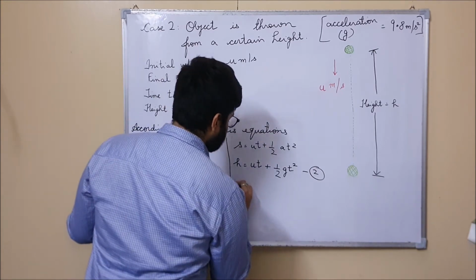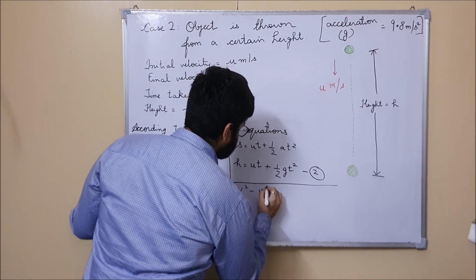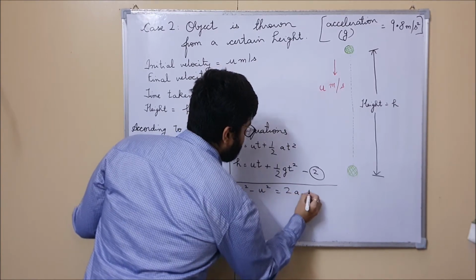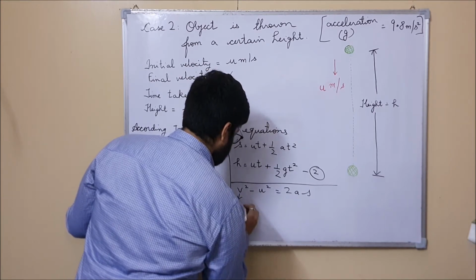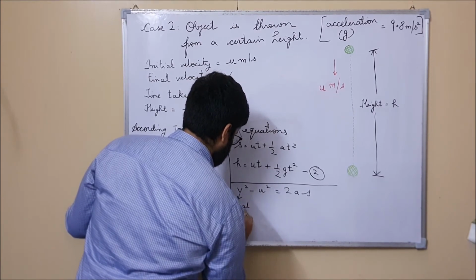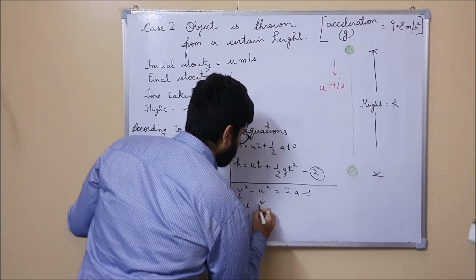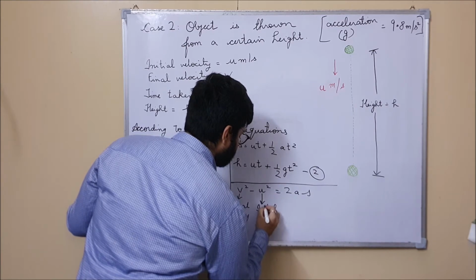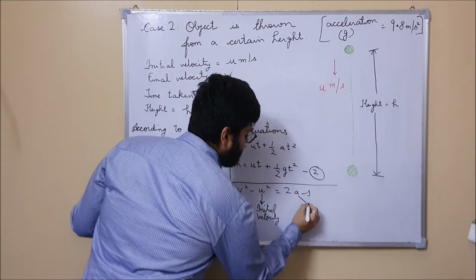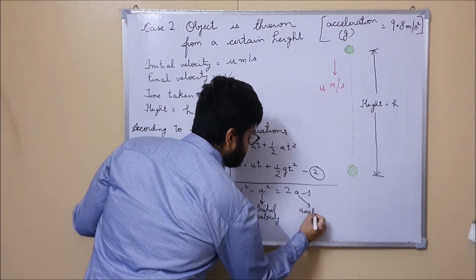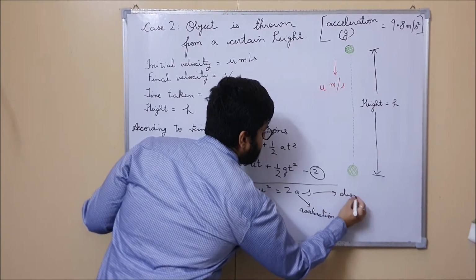Now coming on to equation number 3, that is v square minus u square is equals to 2as, where v is final velocity, u is initial velocity, a is acceleration, and s is displacement.